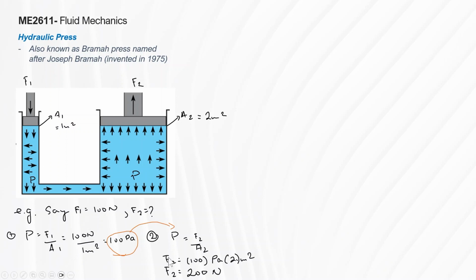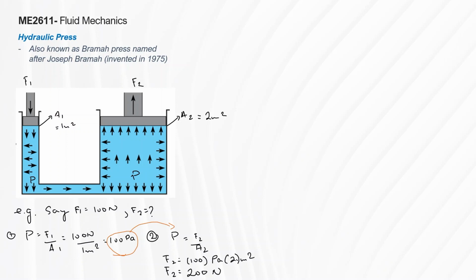So isolating force 2, that will give you 100 pascals or Newton per meter squared times 2 meters squared, which will give you 200 newtons. So essentially, force can be transferred across a fluid, gaining what we call mechanical advantage. Okay, it's very efficient. You only applied this force and then it doubled because of the different cross-section.